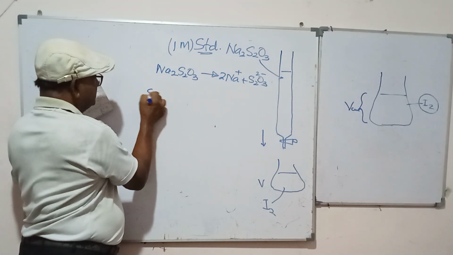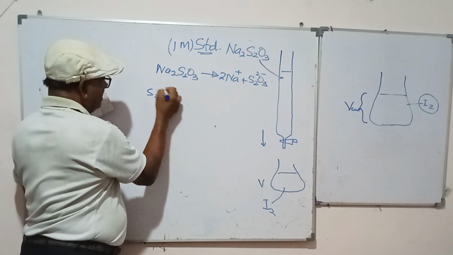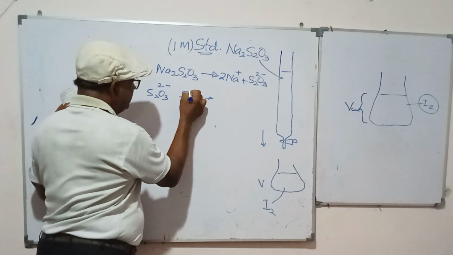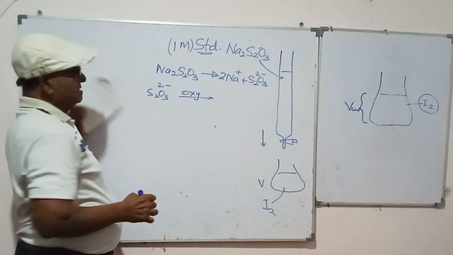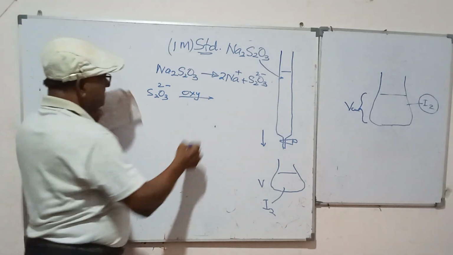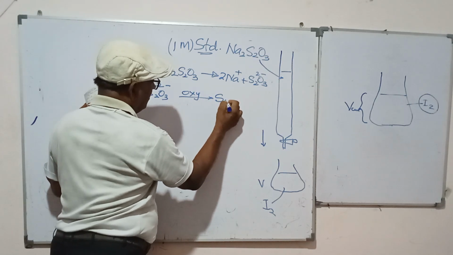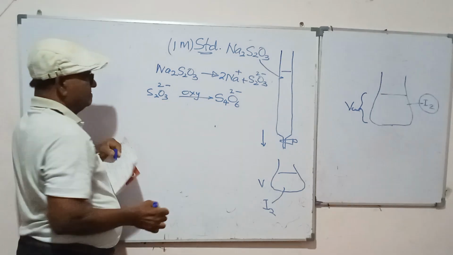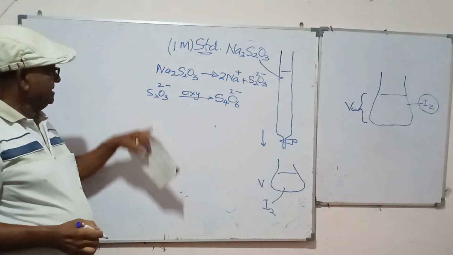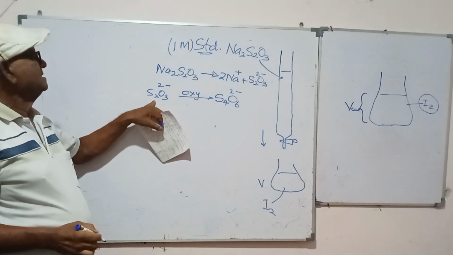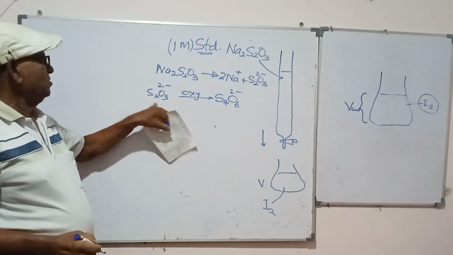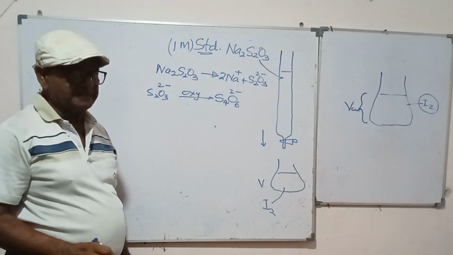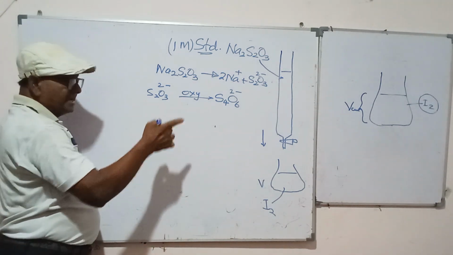Thiosulfate S2O3 2- undergoes oxidation, forming S4O6 2-, tetrathionate. S2O3 oxidizes to S4O6 during the reaction. So is it an oxidation?